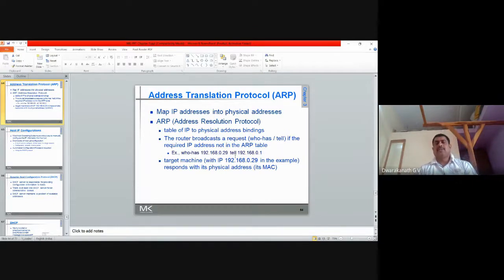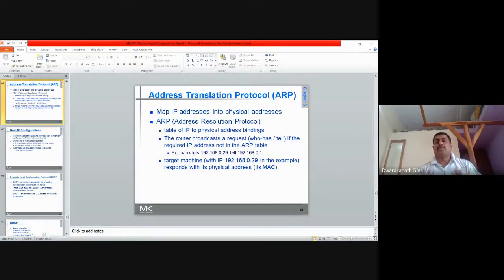The router, to know how many systems are connected, calls one by one IP address and asks whether you are connected to me. Who has this IP address? The particular system will reply, yes, I have this IP address. Automatically the MAC address of that system will be noted in the router. Like this, whoever says, yes, I have this, gets recorded.